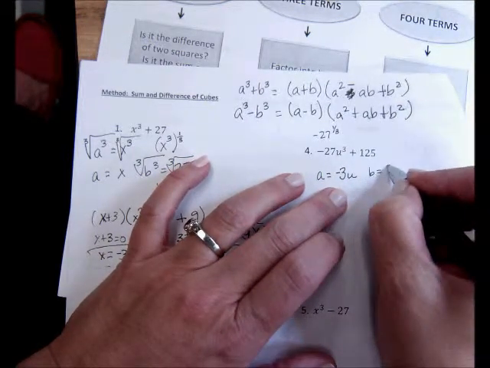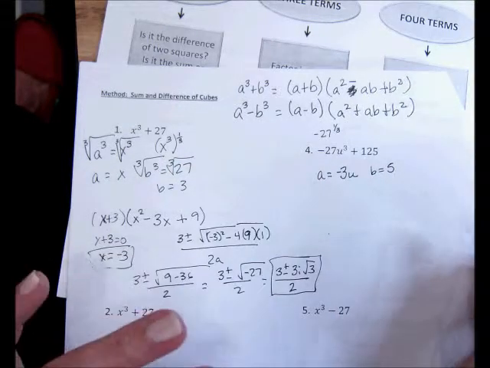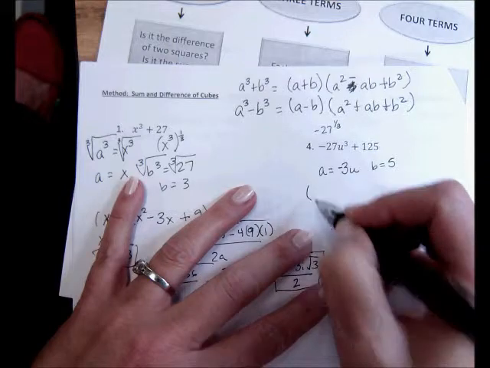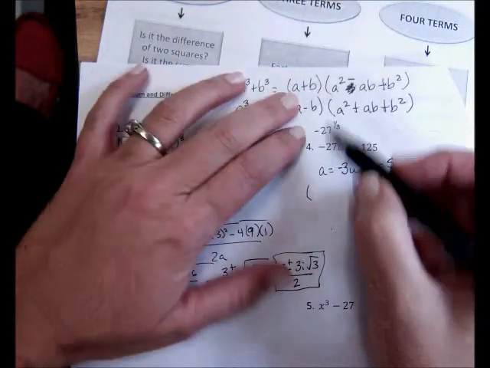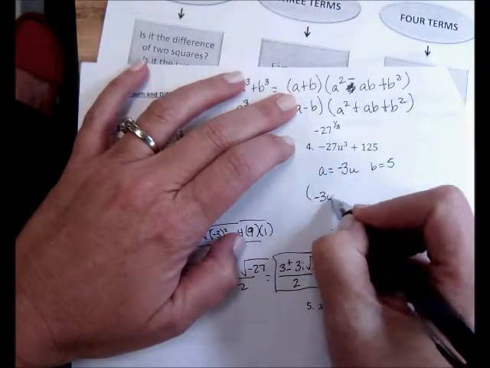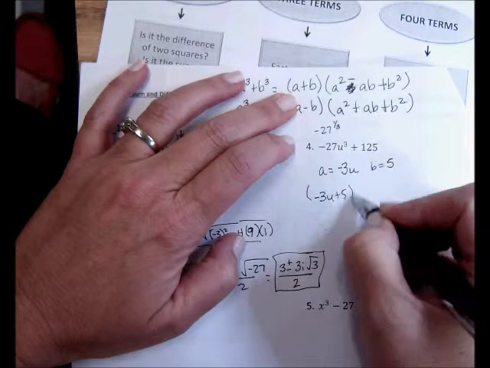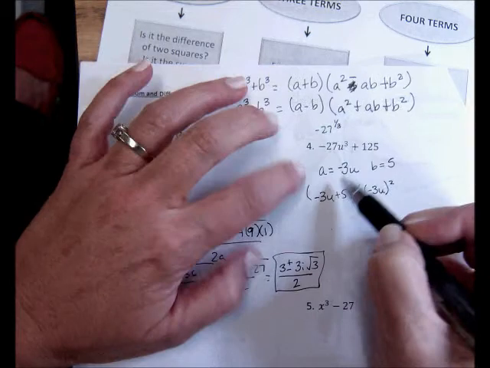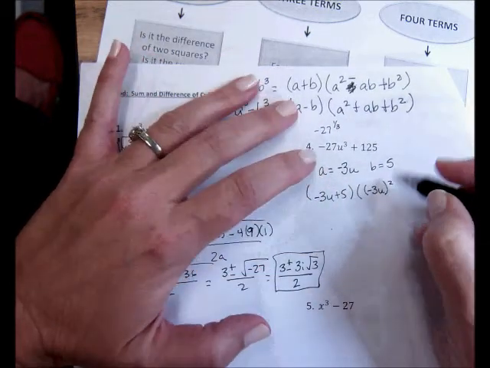And b is going to equal 5, because 5 times 5 is 25, times 5 more is 125.